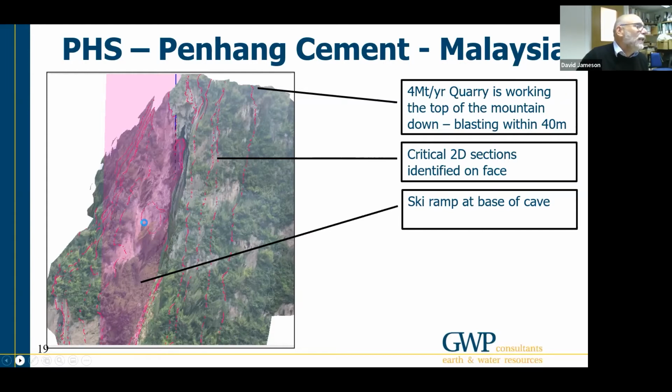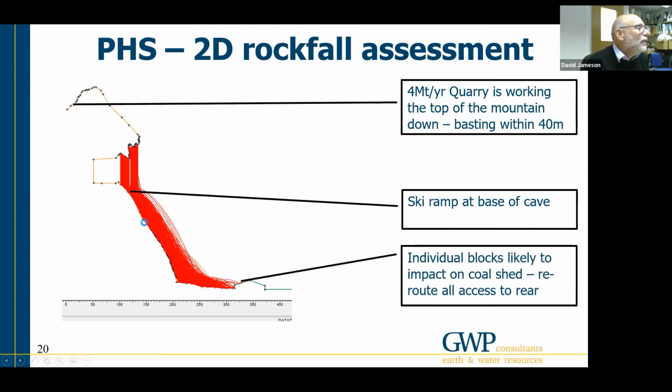So when you actually do the analyses, you see that blocks fall from the overhanging section and are incident onto the base of the ski ramp slope below. And the prediction was that there would be a number of blocks which would impact onto the top of the coal shed and across the access area along the toe of the slope.